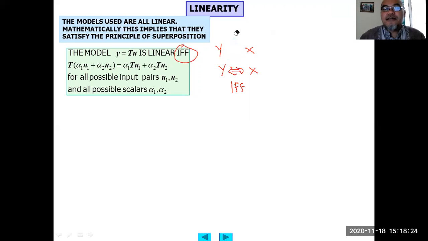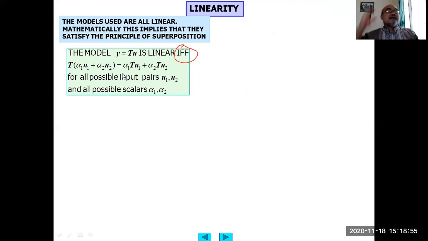Okay. So a function or a model of a physical system Y equal to T U is linear if and only if T of alpha 1 U1 plus alpha 2 U2 equals alpha 1 T U1 plus alpha 2 T U2, for all possible input pairs U1 and U2, and all possible scalars alpha 1 and alpha 2.